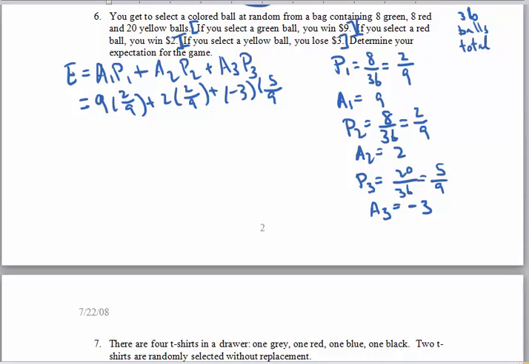The thing to notice is that all the p's add up to 1: 2/9, 2/9, and 5/9 equals 1. So this ends up being 18/9, which is just 2, plus 4/9 minus 15/9. So actually this is going to be 22 minus 15, which is 7/9.